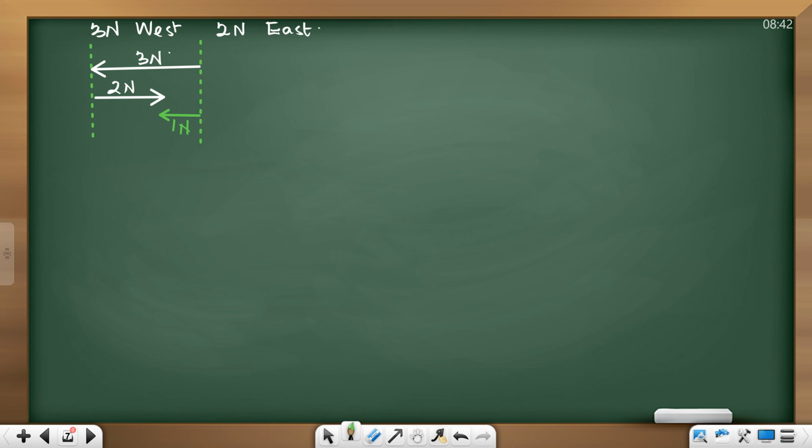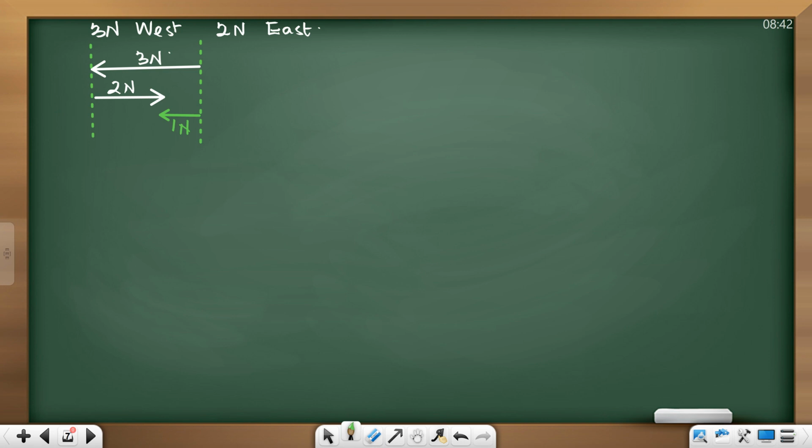Now, you would see that the 1 is the remaining part of the 3, but I have enclosed my diagram in the green line boundary. Does that make sense? My forces are enclosed in the green line boundary. So out of 3, I am removing 2.